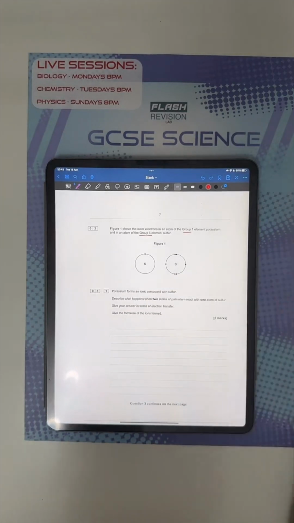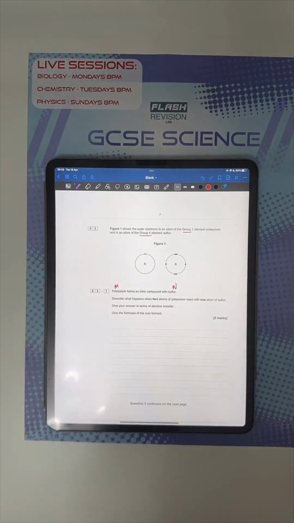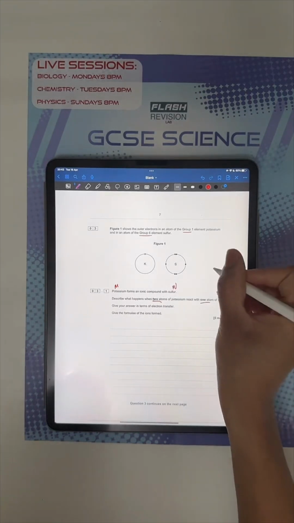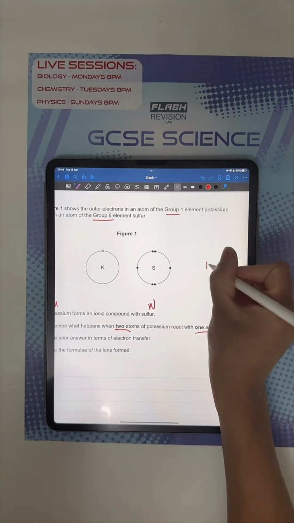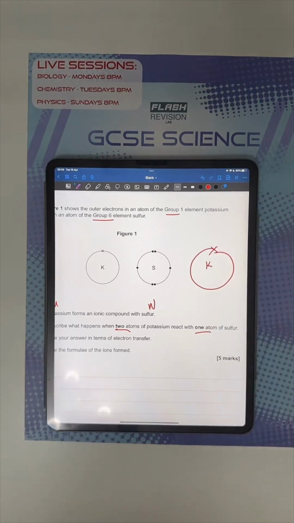So that's because one's a metal, the other one's a non-metal. So metal here, non-metal here. Describe what happens when 2 atoms of potassium react with 1 atom of sulfur. So they've told us here 2 atoms of potassium, so there should actually be another potassium here that looks the same.